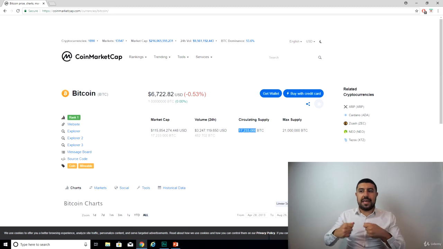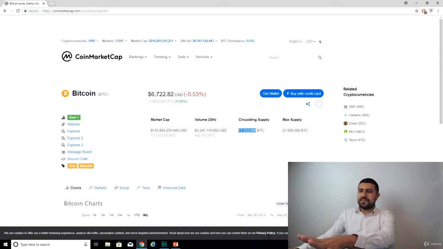There is, like we've said, a block reward of 12.5 Bitcoins, and that happens every 10 minutes, because every 10 minutes a new block is generated. That's how the protocol works. At one point, there will be no more Bitcoins to give because we will have reached the maximum supply, and at that point miners will only get paid from transaction fees.